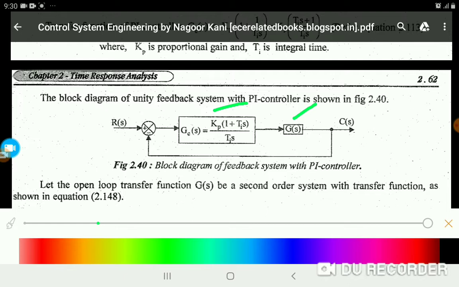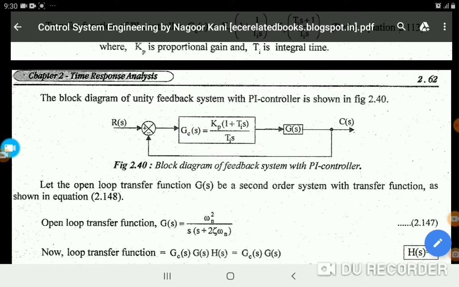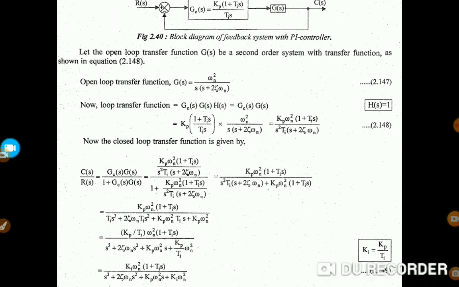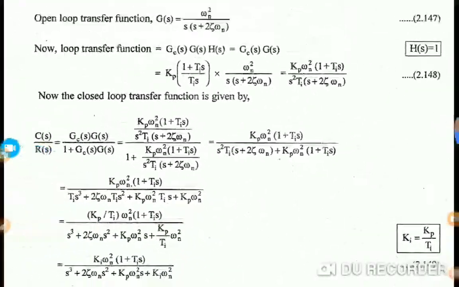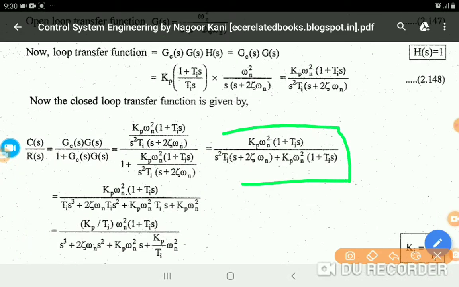In that aspect we multiplied this gain and this gain, making this a single block as per block diagram reduction. That single block gain is arrived at as this value. Could you understand?